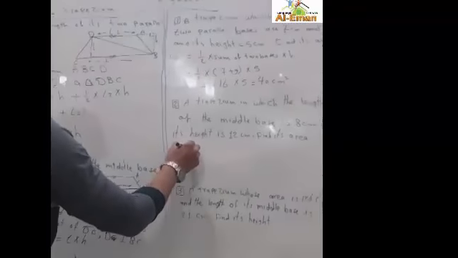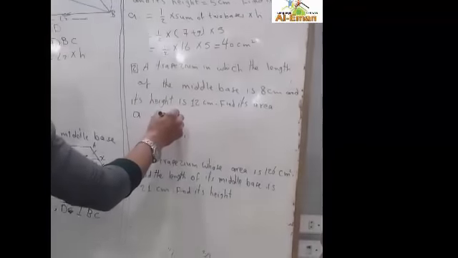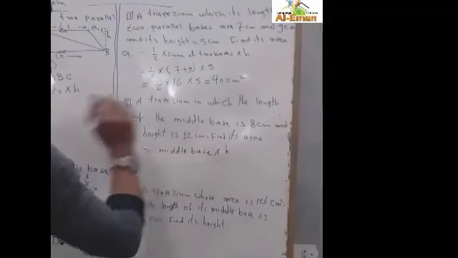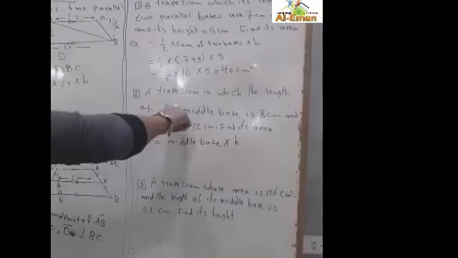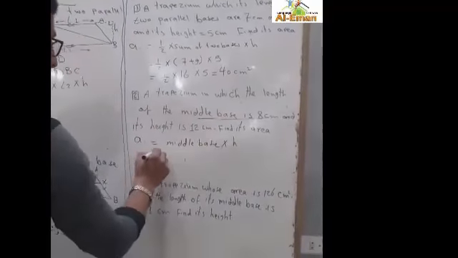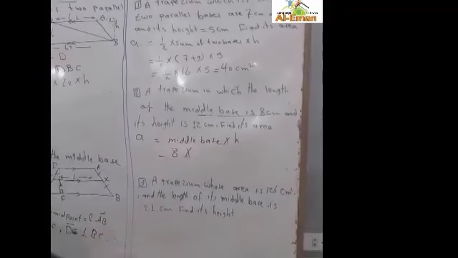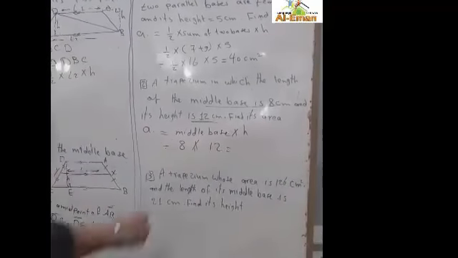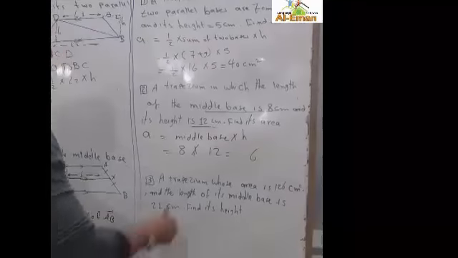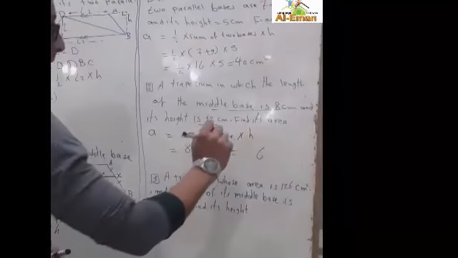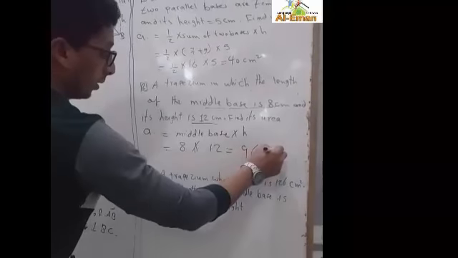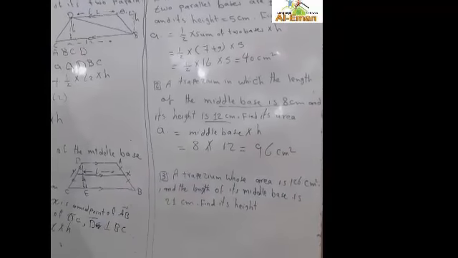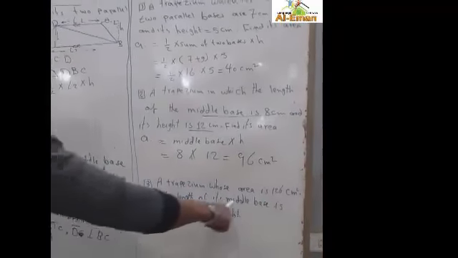Then the area equals the length of the middle base times the height, so 8 times 12. 8 times 2 equals 16, carry 1, and 8 times 1 equals 8, so it is 96 centimeter square.